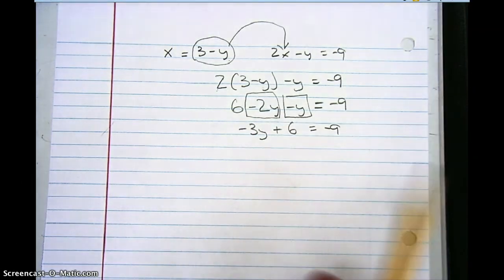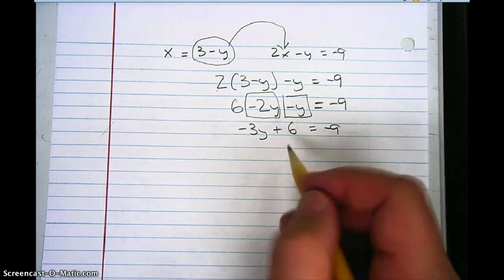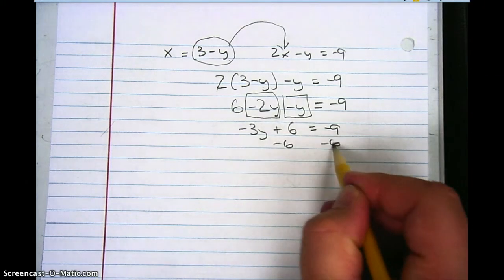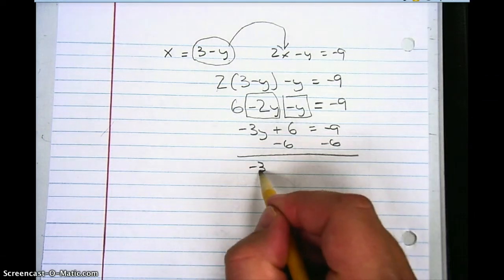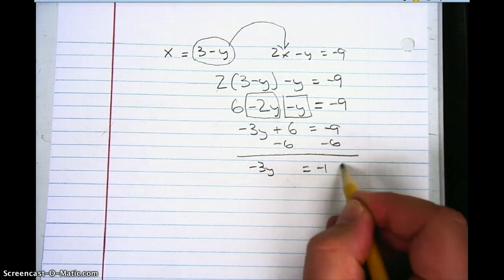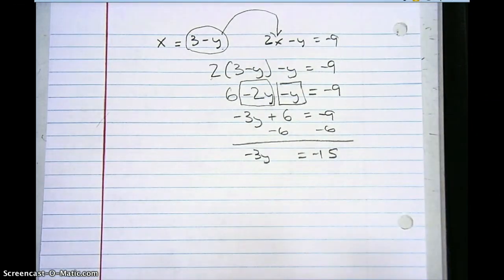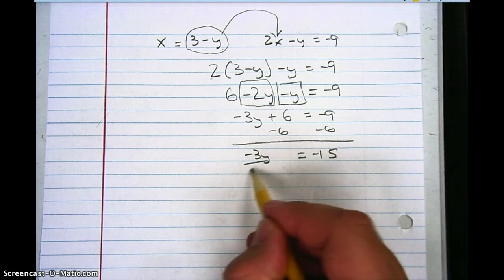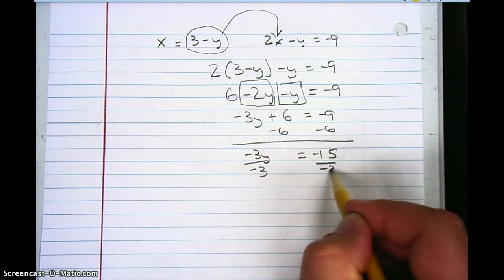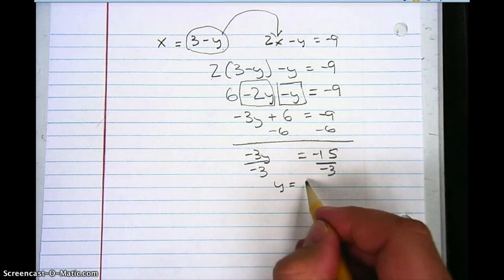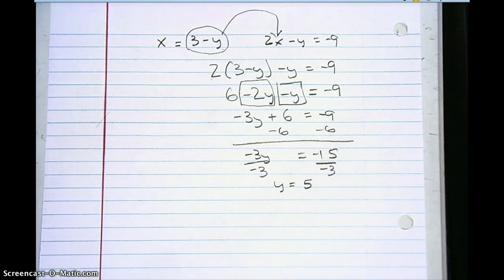Now I need to get y on one side because I've got to solve for my variable. So I'll subtract 6 from both sides. And I get negative 3y is equal to negative 15. Now I have to undo multiplying y by negative 3 by dividing both sides by negative 3. And I get y is equal to 5.